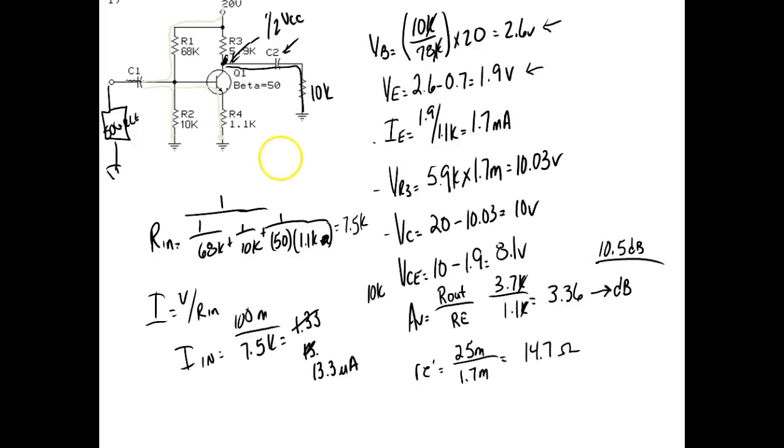So I come over here, and I know my I out is going to be equal to V out over R out, or Z out. We've already calculated Z out to be, where did we calculate that?